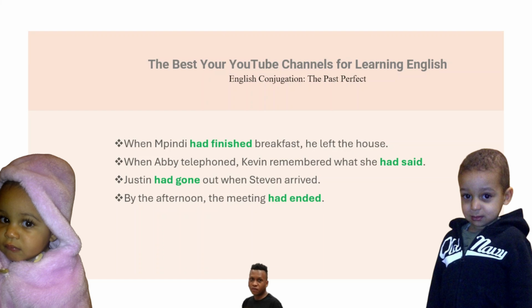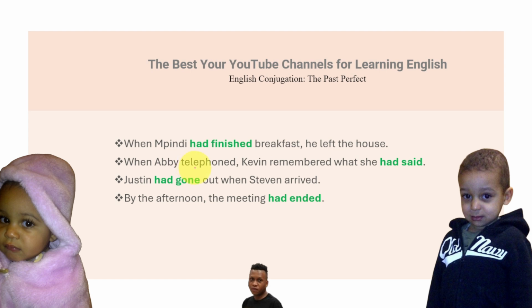Now, one more time, in case you don't get it. When Pindi had finished breakfast, he left the house. You don't need to say "comma" when you're reading. No. When Pindi had finished breakfast, he left the house.